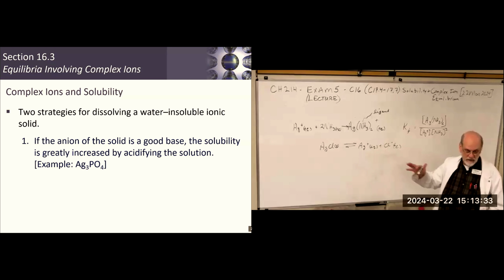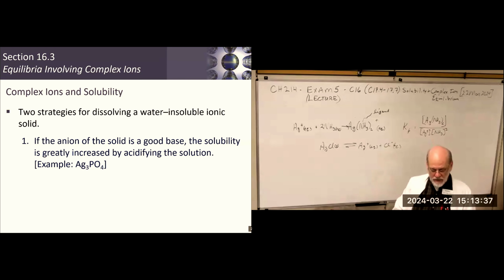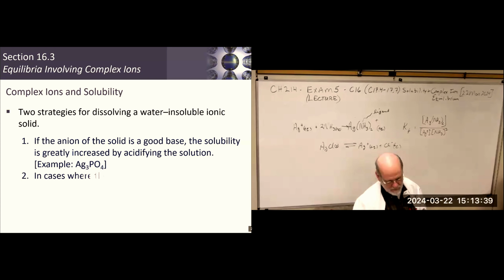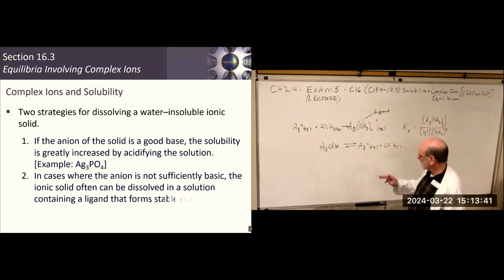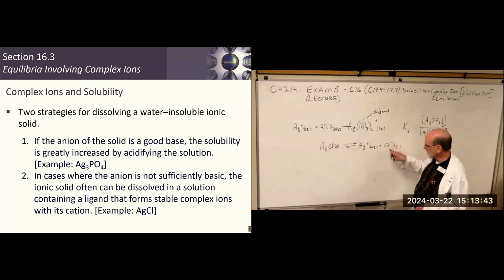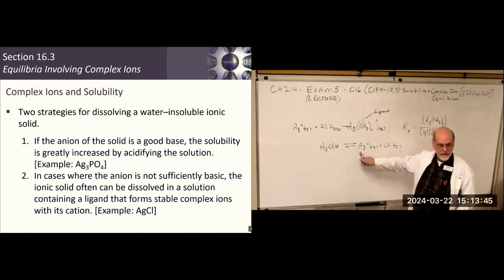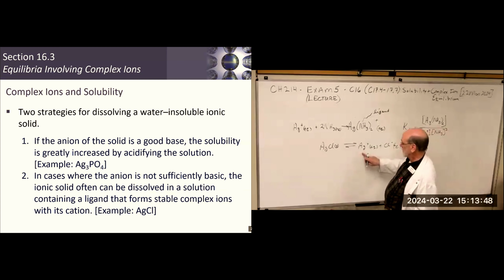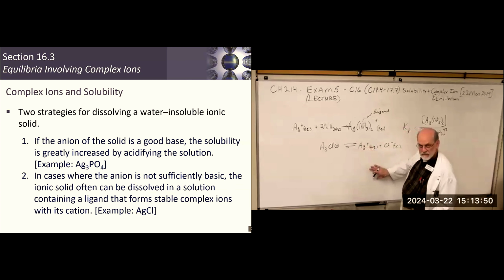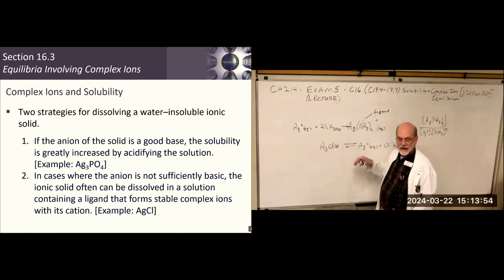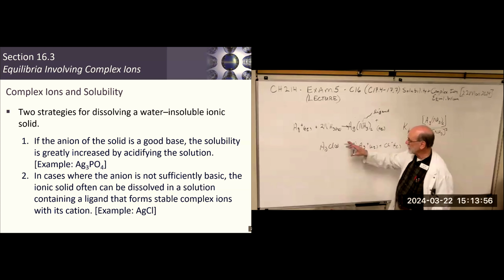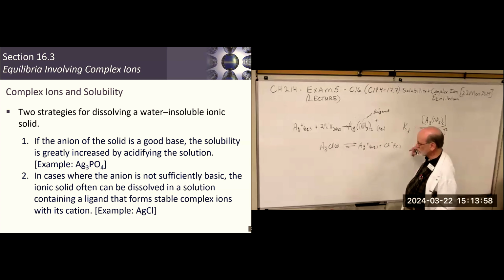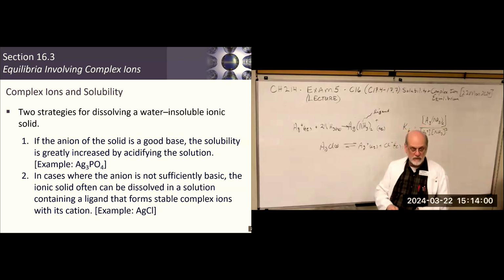So acidifying it, we learned already, doesn't do any good. So the option there then is to attack the solubility, not from the anion, but from the cation. And that's what we're doing here. We're removing this cation by forming a complex ion. And that coupling will shift the reaction this way and increase the solubility of silver chloride.